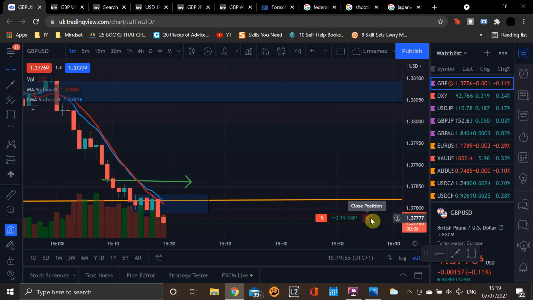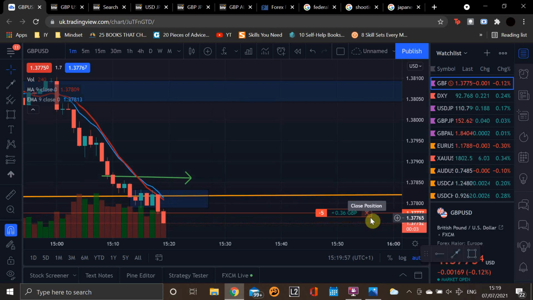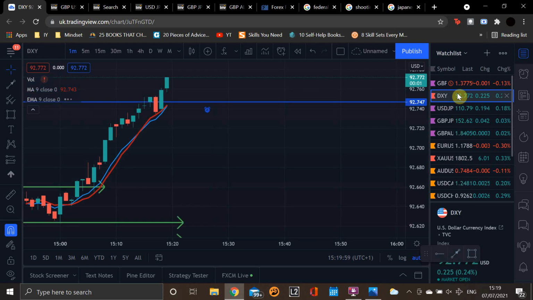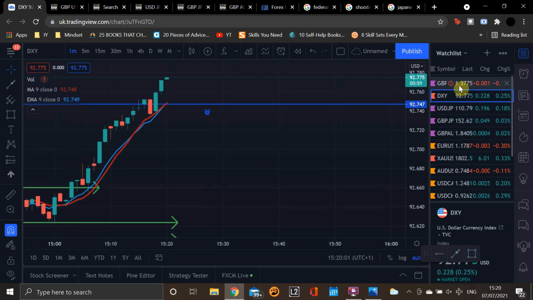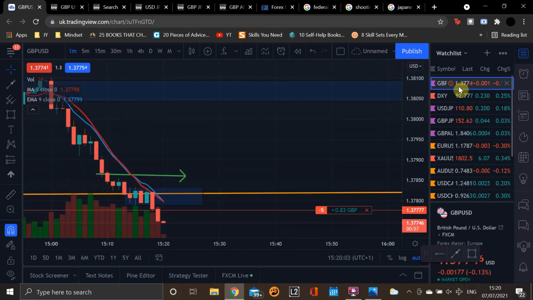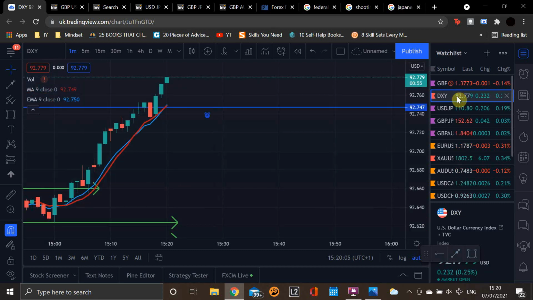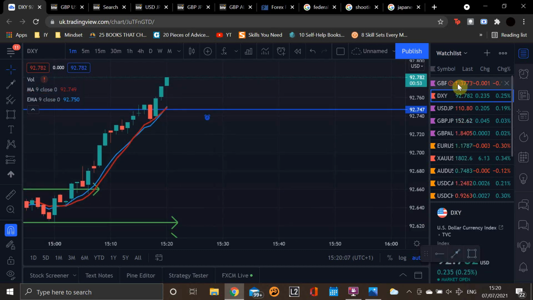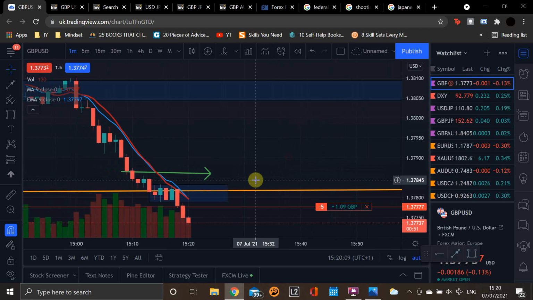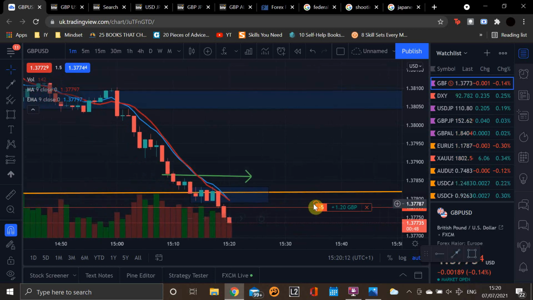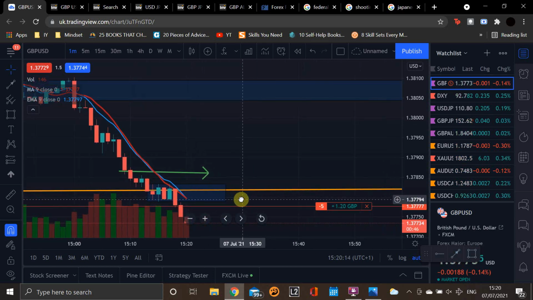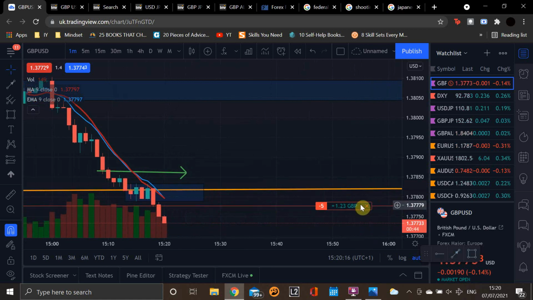Break even. It's very, very possible this could be a fake out. Where's my stop loss? My stop loss is at the box. If it touches the box again, then I'll take it.